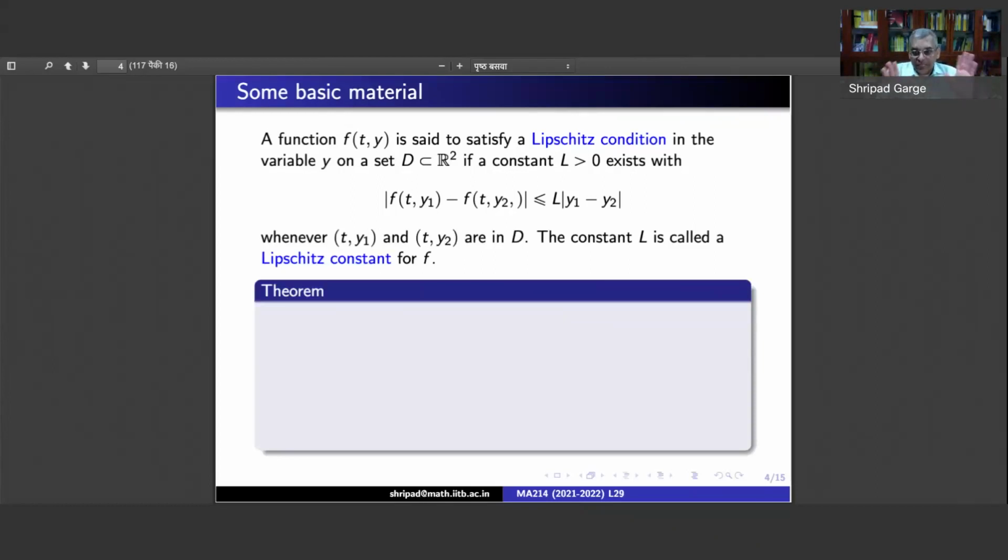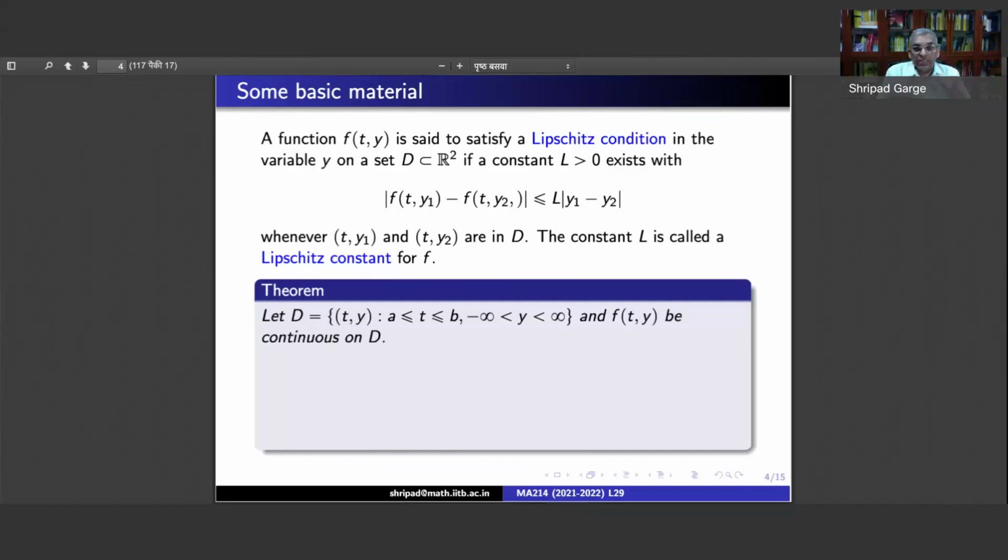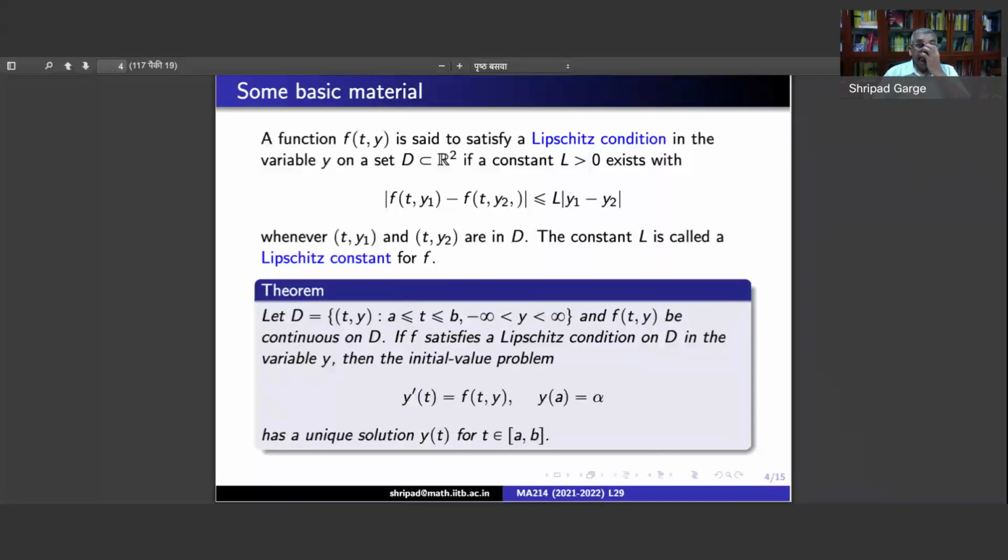This is a very important condition. It will show up at least twice in our lecture today. The theorem that we are going to state now says that if you have this particular subset D, the set of (t, y) where t varies from a to b and y varies over the whole real line, so it's a vertical strip that we are looking at, and f(t, y) is a continuous function defined on this vertical strip, then if your function f satisfies the Lipschitz condition on this D, the initial value problem has a unique solution.